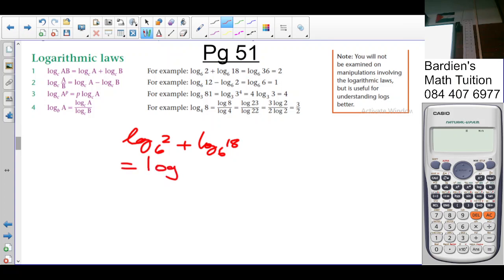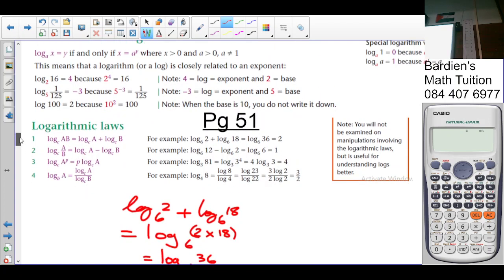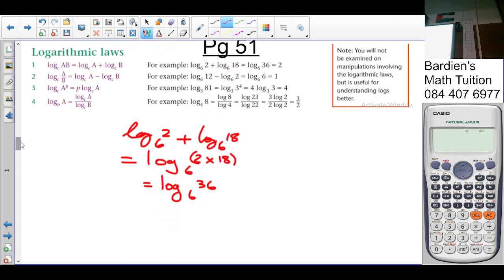So A is 2 and B is 18, so it's going to be 2 times 18 base 6. What is 2 times 18? 36. So let's say log 36 base 6. But now 36 can be written as what?